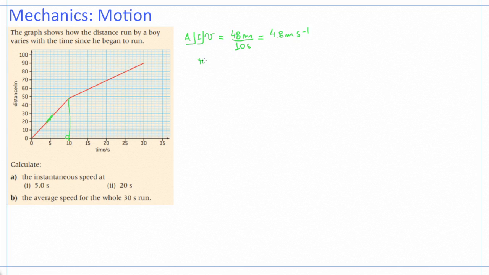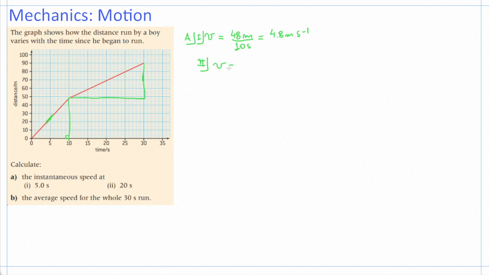In the second case, it's also constant speed. It's a different constant speed, but we can still see that it's constant. So we can also close a triangle here and here, right? So this is our rise and this is our run.